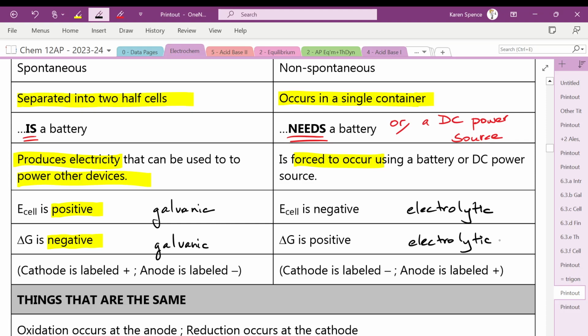I don't think you're going to have to label your cathode and anode as positive and negative. I'm not 100% sure, but I haven't seen it in recent years, so I think it's a pretty good bet that we don't have to.